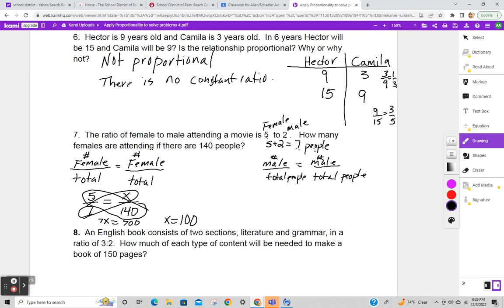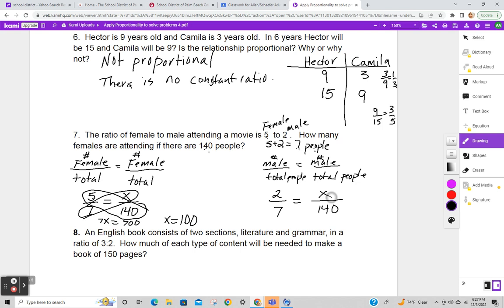All right, let's go ahead and check for male. We should actually know, because if we have 100 females, that means we have 40 males. Let's go ahead and do it and double check. Okay, so if we have 2 males among 7 people, how many males do we have among 140?